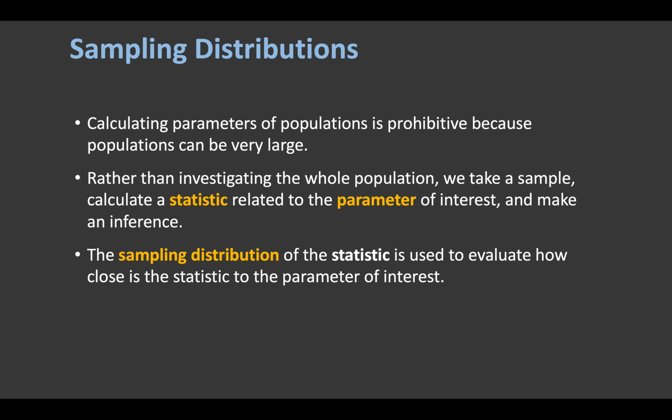We need sampling distributions because calculating parameters of populations is prohibitive, as populations can be very, very large, right? That's why instead of investigating the whole population, we take a sample, calculate a statistic related to the parameter of interest, and make an inference.